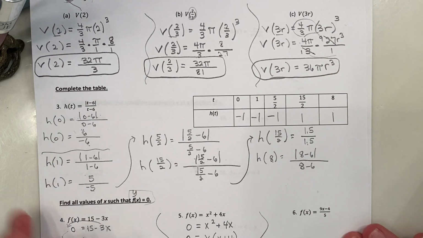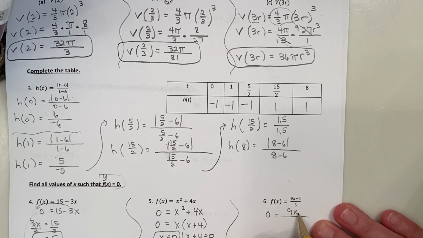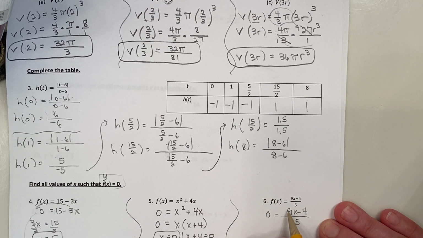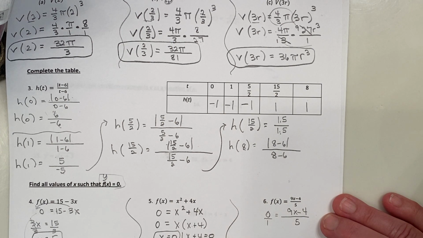All right, let's look at 6. To solve this for x, there are several ways you can approach this. Some students might say, well, can I multiply both sides by 5? Absolutely. For me, what I do is I take this 0 and I make it a fraction by putting it over 1.